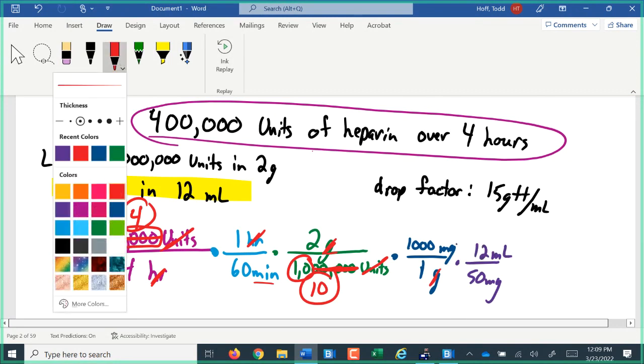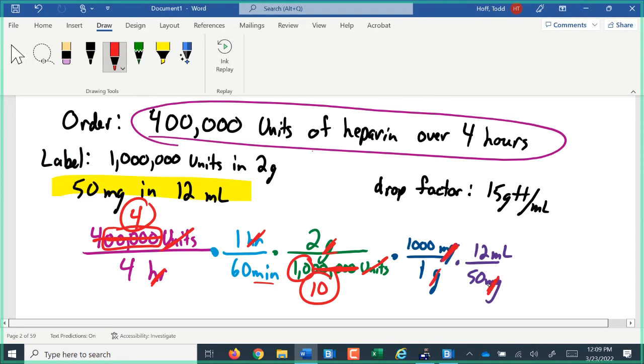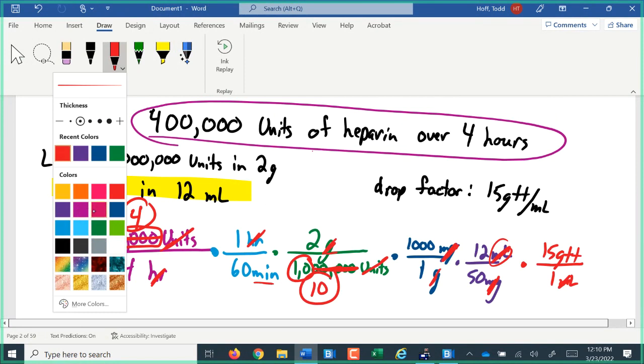That will cancel out the milligrams. I am currently in milliliters per minute. I need to get to drops per minute. So I have to go one more step, and that's my drop factor. 15 drops per milliliter, saying 1 milliliter is equivalent to 15 drops. Milliliters cancel out, and now we can go ahead and multiply this through.